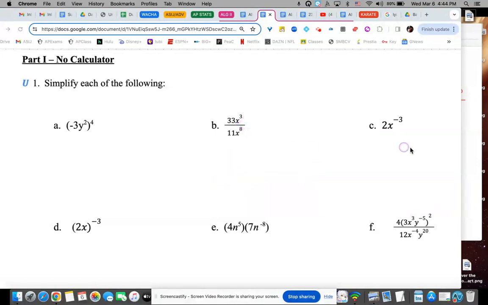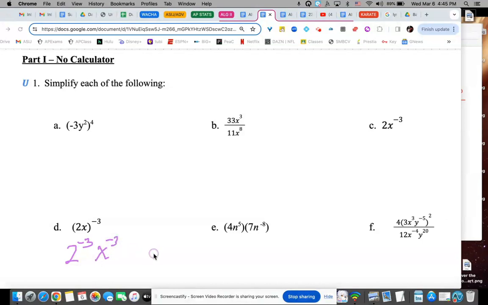Like I said, I won't do all these in detail. This one, there's no parentheses, so the -3 is only going to the x. This one on the bottom left, there are parentheses, and the reason we put both of these on here is so you could see the difference, right? This first one, the -3 is only on the x, but this one down here, the -3 is outside the parentheses, so you have to do both pieces, 2 to the -3rd and x to the -3rd, right?